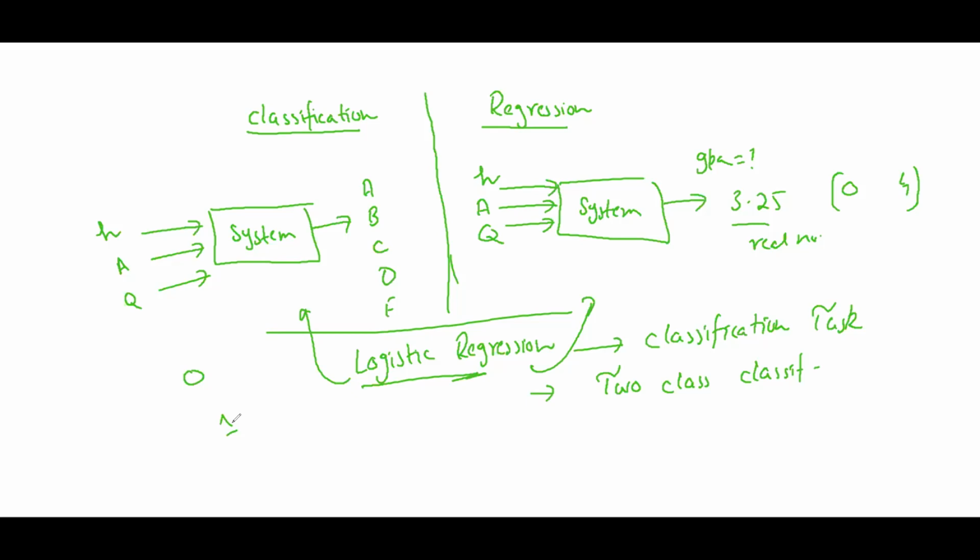So whether you buy a car or you don't buy a car, you only have two classes, yes or no. Similarly, if I show you an image to the system, and I ask whether this image has a human or not, human present or not, it will give me a probability that maybe it is 90% sure that there is a human, or it can give me a probability which is low that there is no human. So again, there are only two classes: human is present in the image or human is not present in the image. So you see, this is something that we call logistic regression.